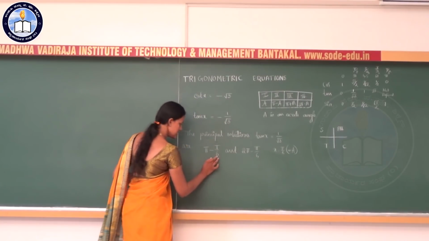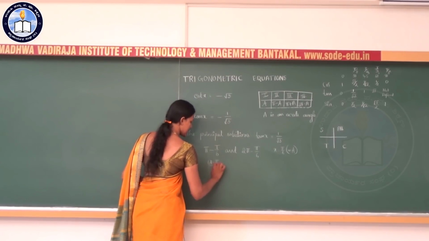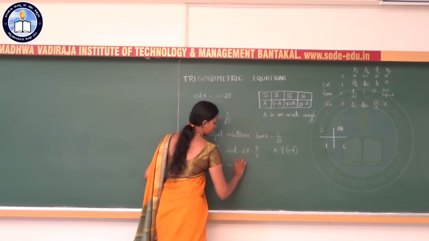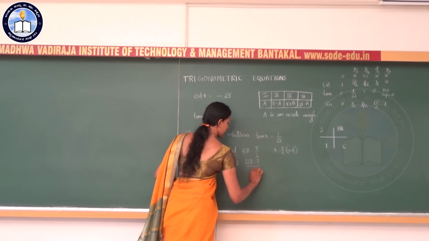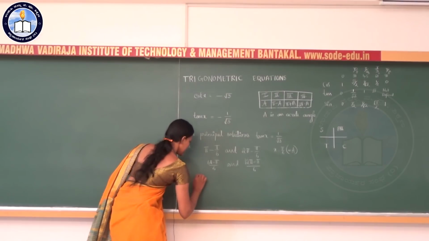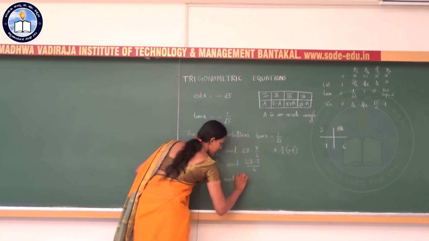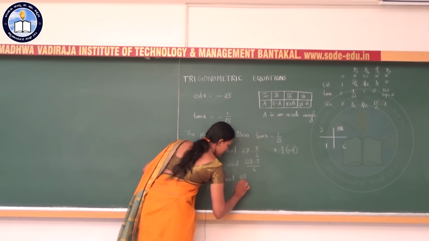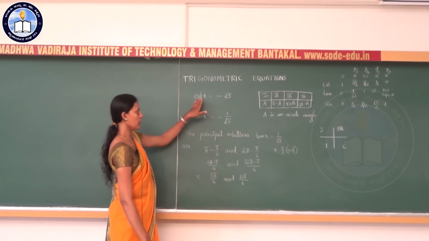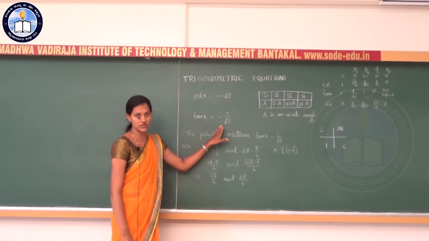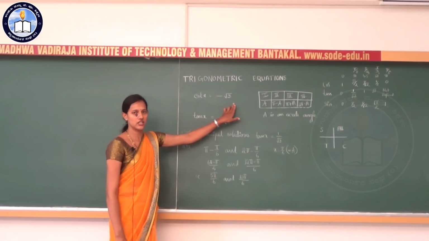Simplify these two angles. It is 6 pi minus pi by 6, and here it is 12 pi minus pi by 6. That is 5 pi by 6 and 11 pi by 6. These two are principal solutions of tan x is equal to minus 1 by root 3 or of cot x is equal to minus root 3.